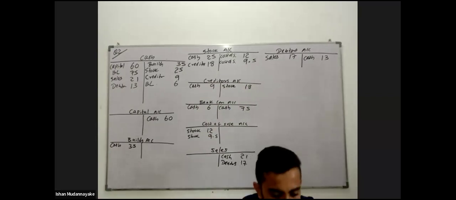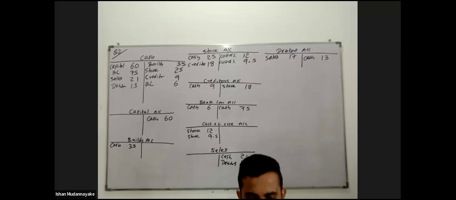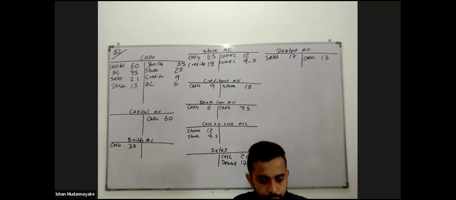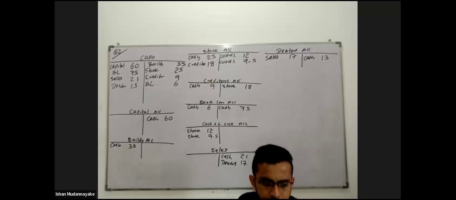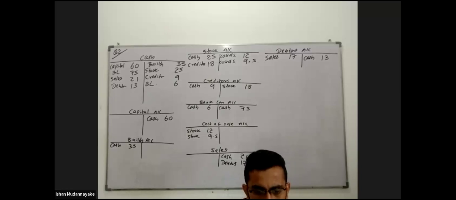I got the correct trial balance from Daksha: cash 94, capital, building, stock, creditors, bank loan account, cost of sales, debtors, sales. Balance sheet figure 1769. Send me the answer.